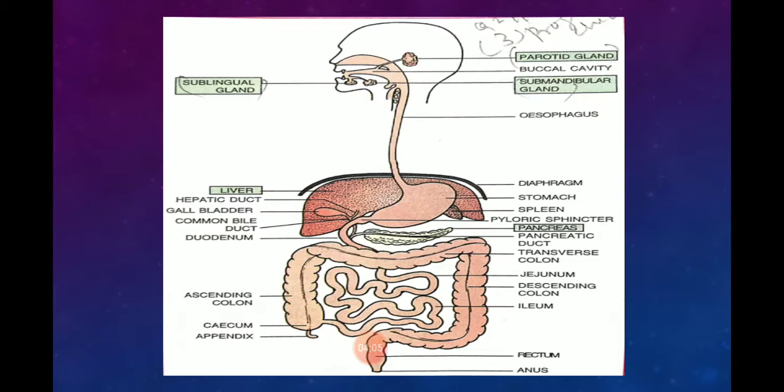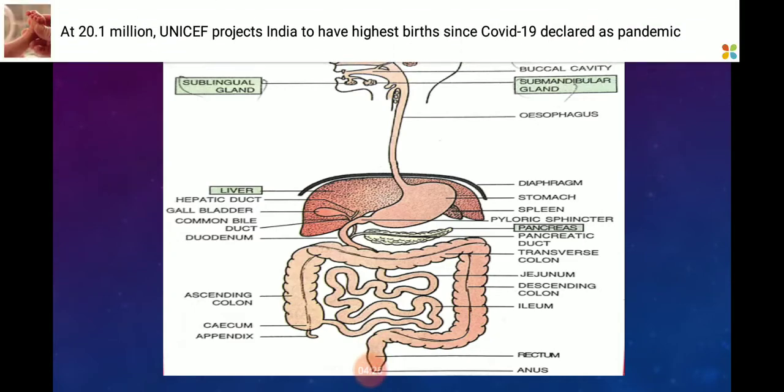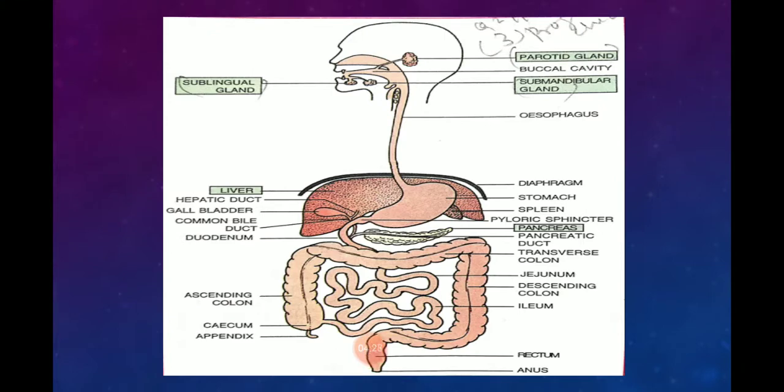Other than that, the pancreas and liver are also present along with the digestive tract. The pancreas pours out pancreatic juice which helps in digestion of half digested proteins from the stomach further into the small intestine.